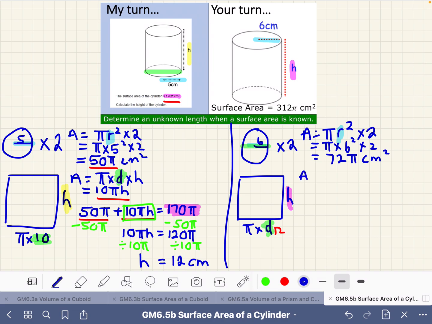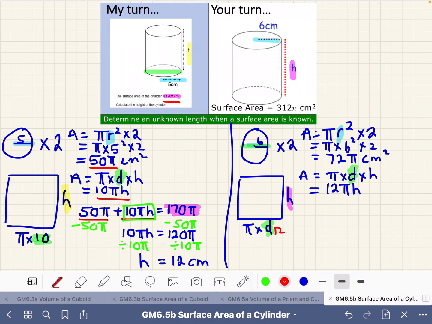The area of the curved side is pi multiplied by the diameter multiplied by the height. We know that the diameter is 12. That gives us an area of 12 pi h.